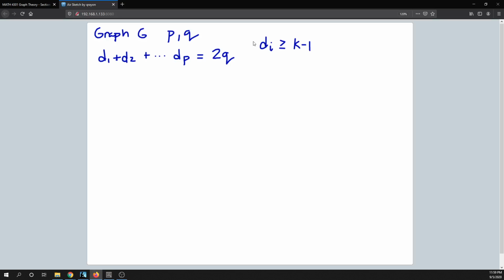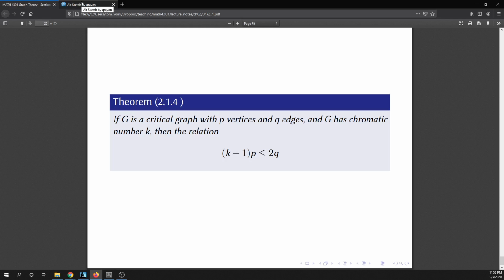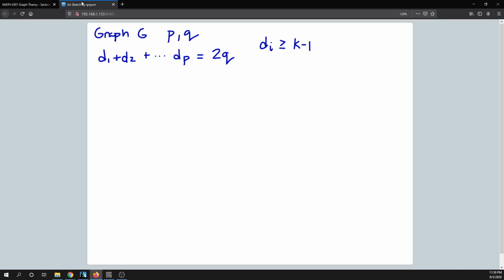So D1 plus D2 all the way out to D sub P is greater than or equal to K minus 1 plus K minus 1 and so on.